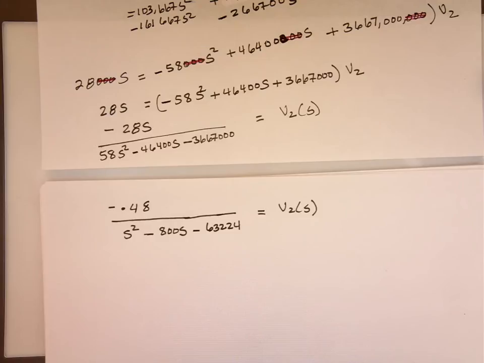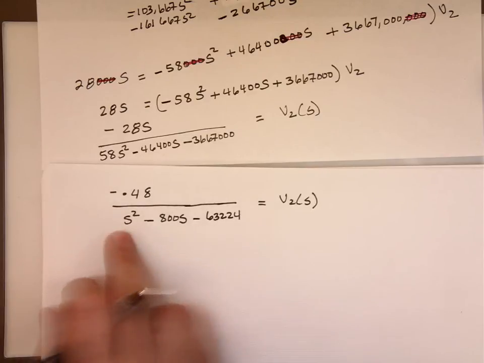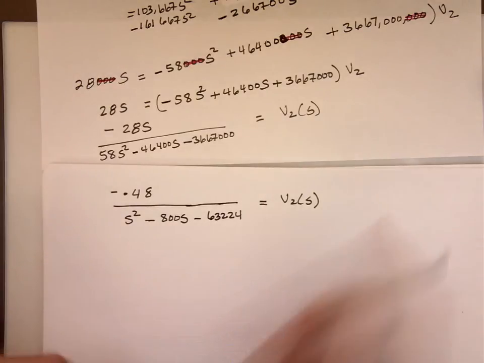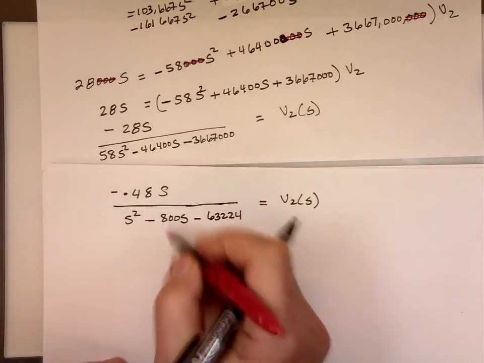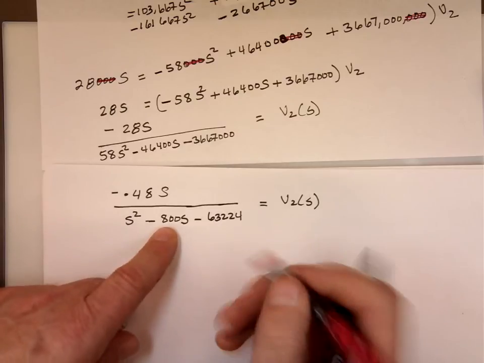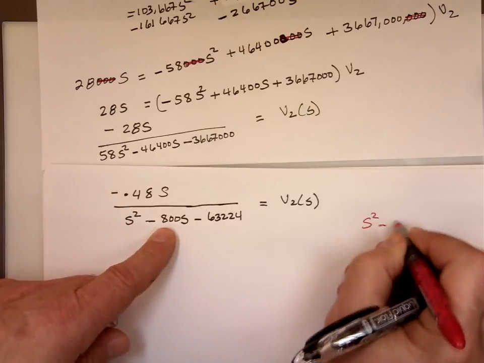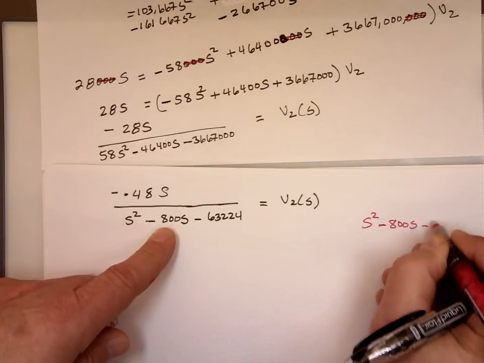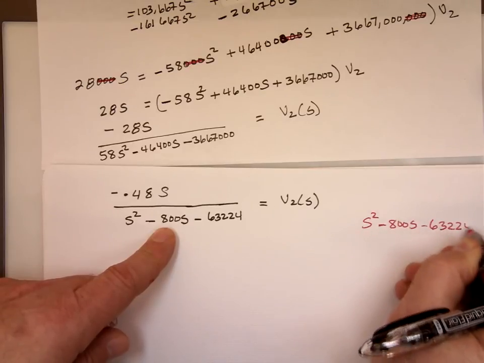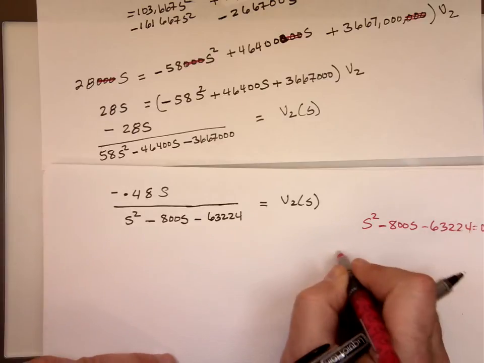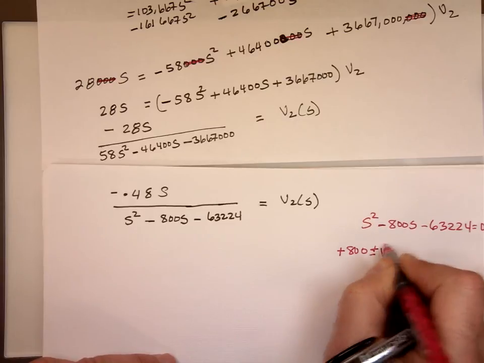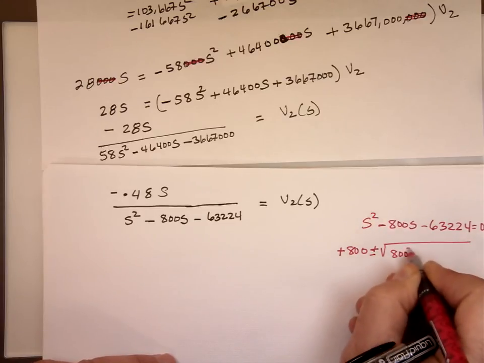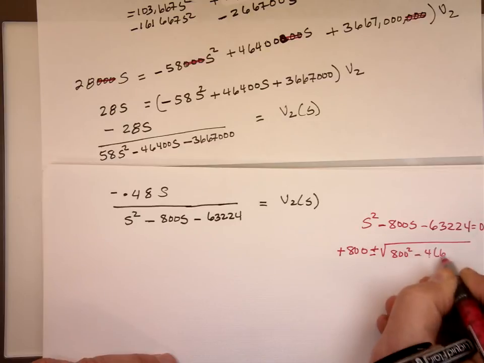So if you decide to use the quadratic formula to find the answer to this, oh, that's an S term in the numerator. Yes. If you decided to factor that, it'd be plus 800, plus or minus the square root of 800 squared, minus 4 times A times C, divided by 2A.